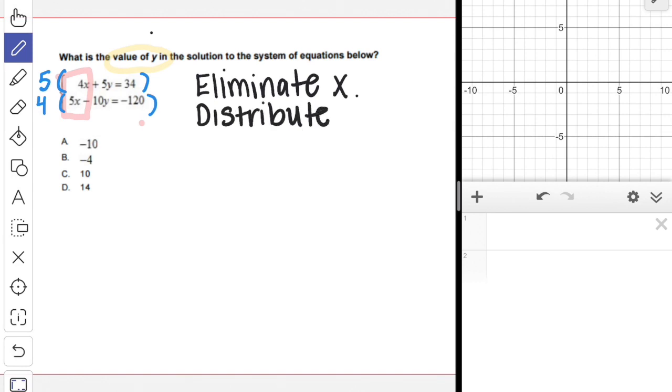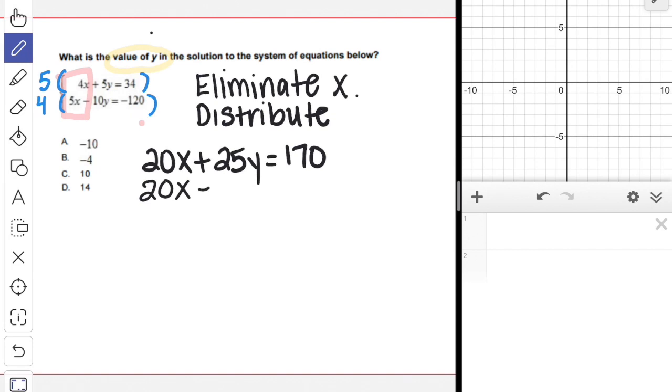So once I distribute, that's going to give me 20x plus 25y. And then I've got 5 times 34, which is going to give me 170. So the second equation is going to be 20x minus 40y.